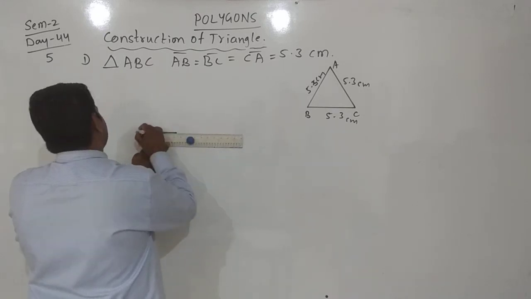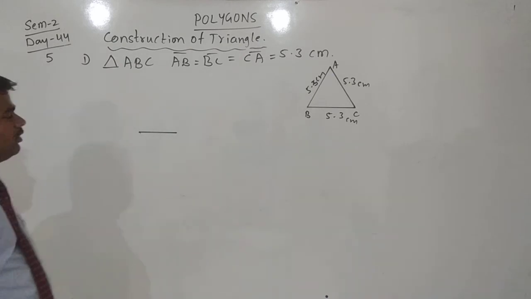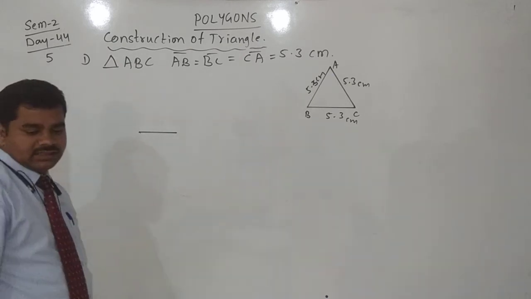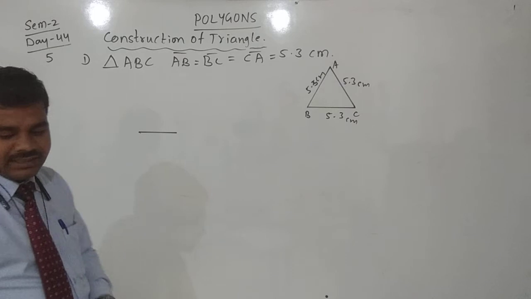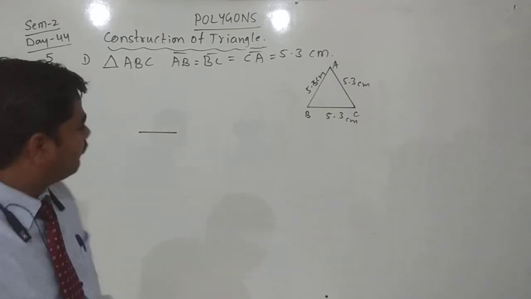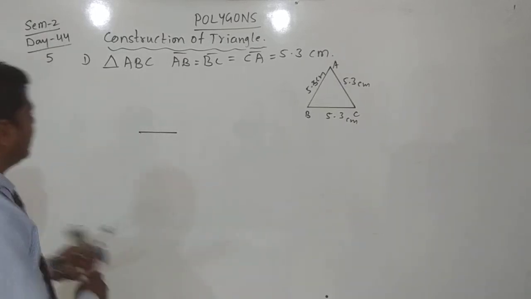It looks very small. Now, next, by using a compass, take a measurement of 5.3 from the ruler, from 0 to 5.3.